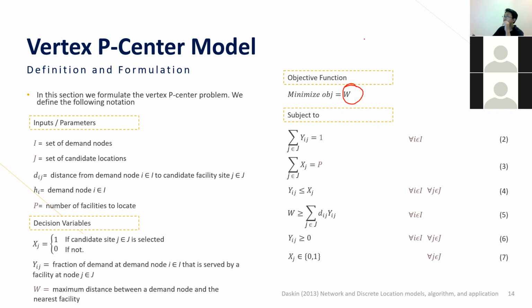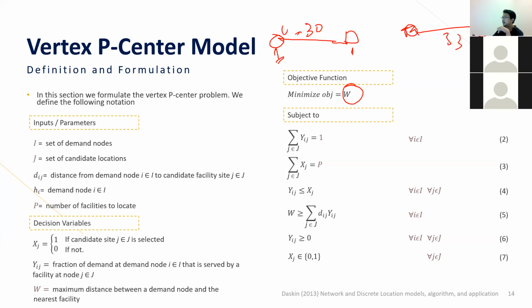Because like the previous example that I mentioned, if you allocate the facility here, the furthest demand coverage is this demand node with 30. But if you allocate here, it's, let's say 33. So you select this one.